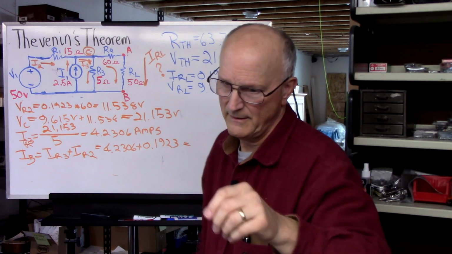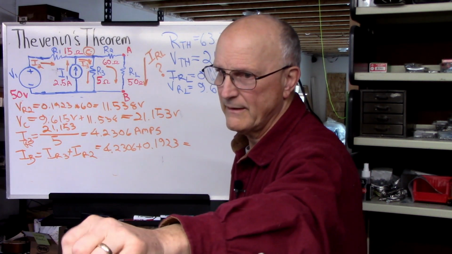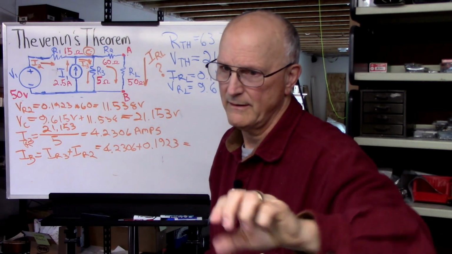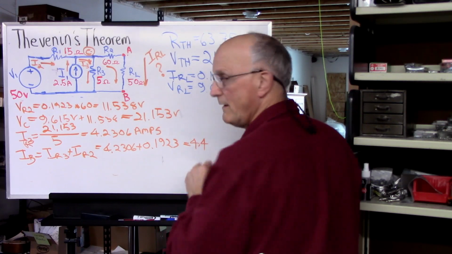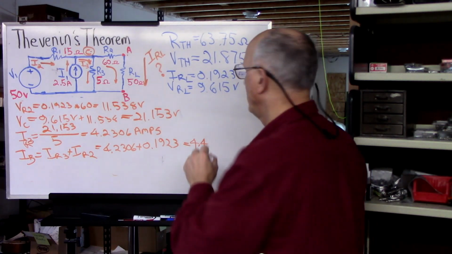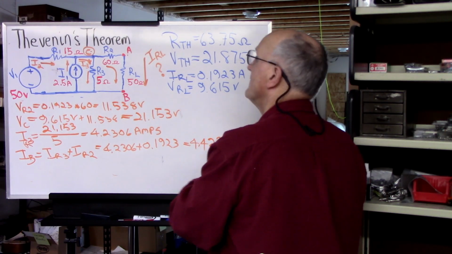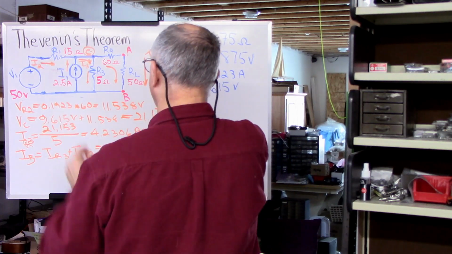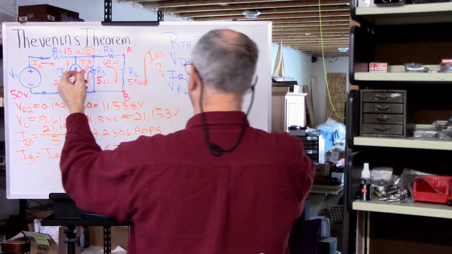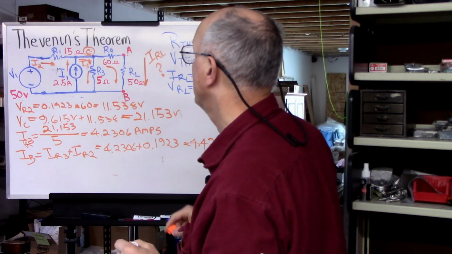So the total current going through there comes out to 4.4229 amps. That's I3, because that's IR3 plus IR2.